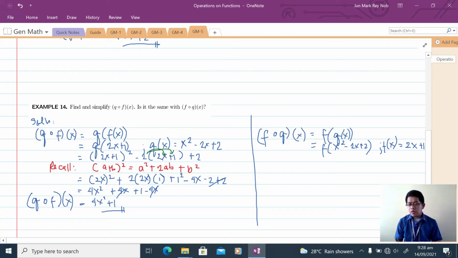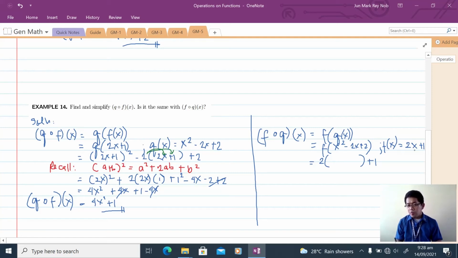Since we will be solving this value, we will replace all x with x squared minus 2x plus 2. So we have 2 times that, and then plus 1, following this pattern.